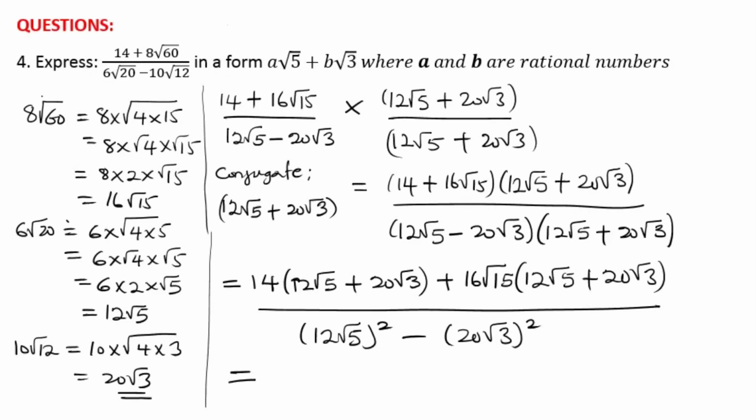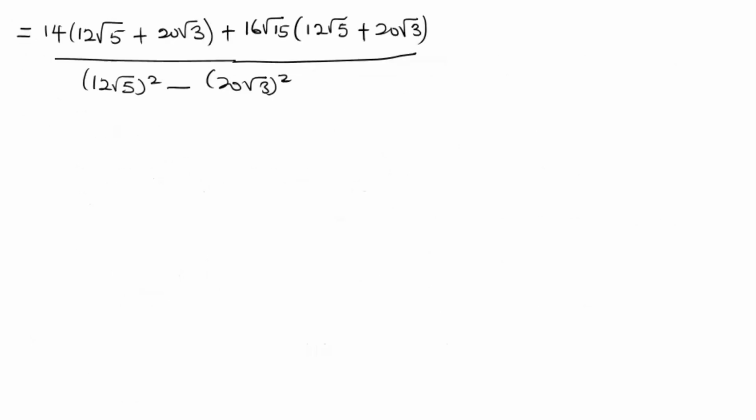We have 14 into 12 root 5 plus 20 root 3, and we have 16 root 15 into bracket of 12 root 5 plus 20 root 3. Then divided by 12 root 5 all squared minus 20 root 3 all squared. All right, so what do we do now? We begin to expand the brackets. The coefficients, like terms, we multiply one another, just like we've been saying.